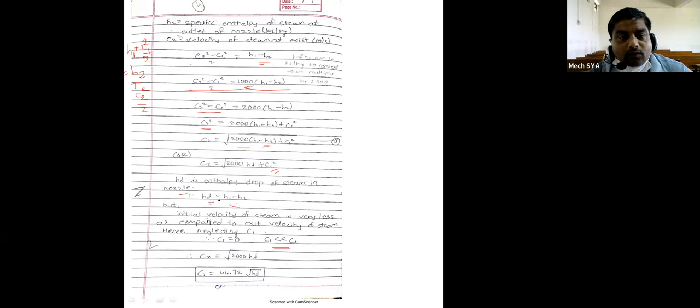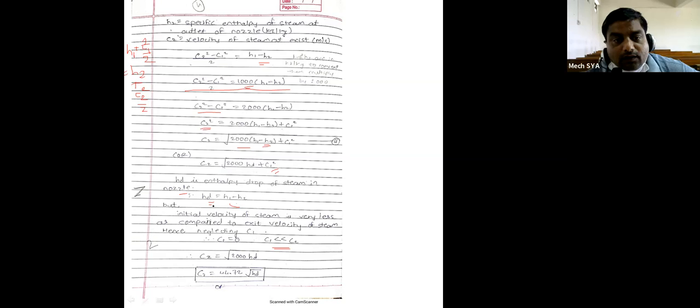Now, if this C1 is much lesser than C2, meaning C1 is very small and C2 is very large, we can neglect C1 as compared with C2, and therefore C2 is equal to square root of 2000 into HD, or the square root of 2000 comes to 44.72, into square root of HD.